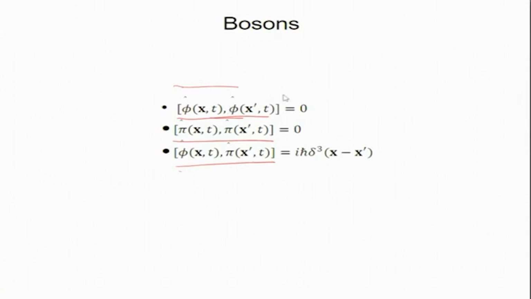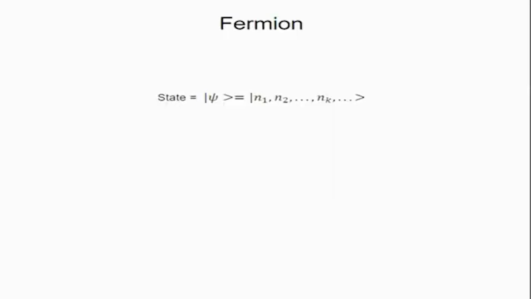Now, fermions, okay, this is something very important, and we will see how the properties of fermions come out in field theory. Okay. So, again state psi is the same as what we described, N1 N2 N_k, but we will soon realize because of the anti-commutation relation that N1 or N2 or all of these can have values 0 or 1, it cannot be 2, just because of the anti-commutation property.